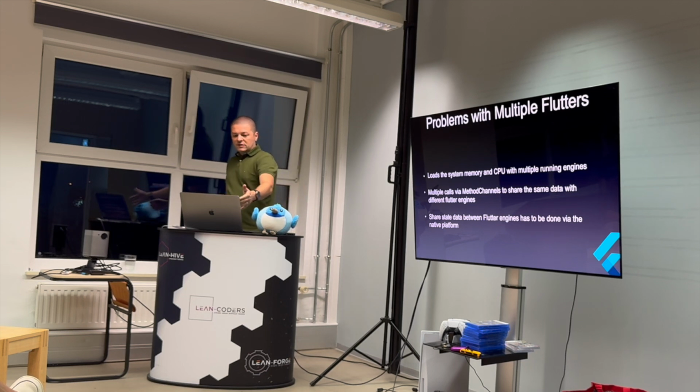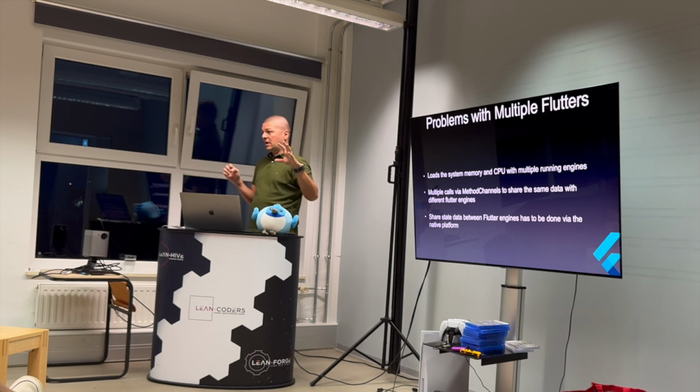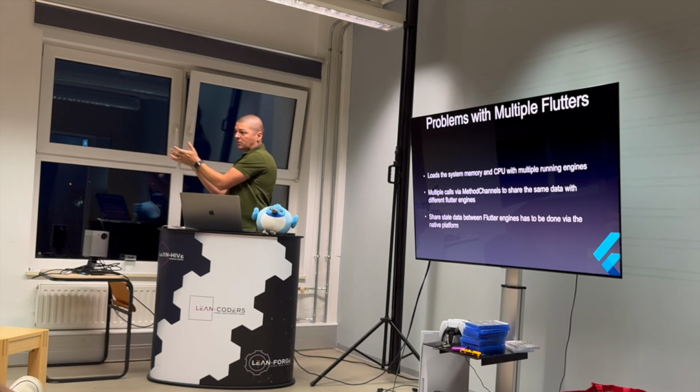And yeah, I already described some of the problems. If you want to share data or share the state between multiple Flutter engines, imagine I have a feature A and a feature B implemented in Flutter.